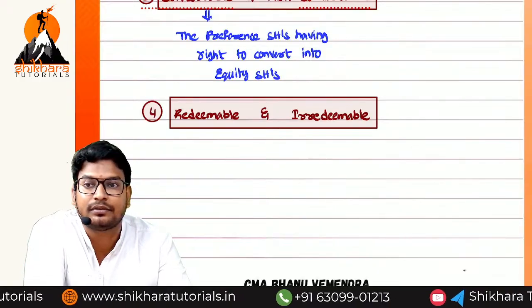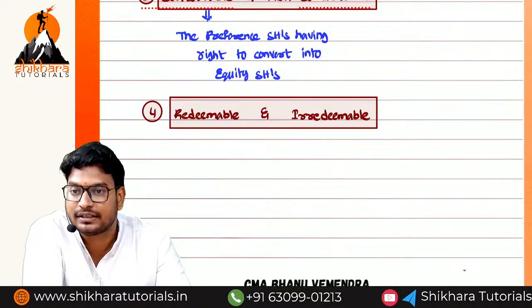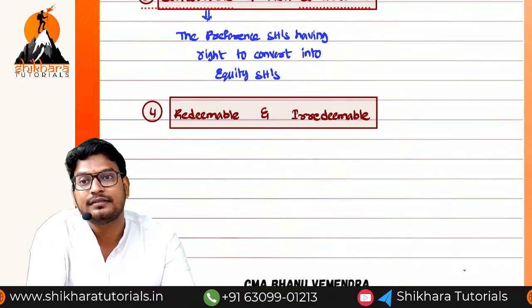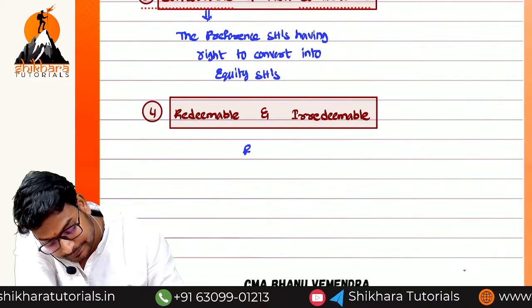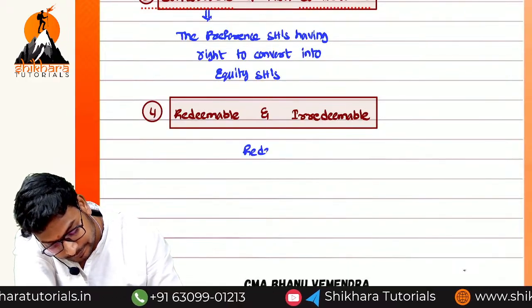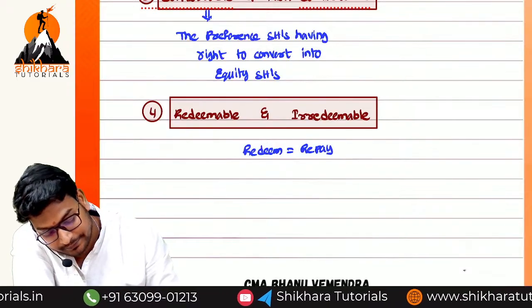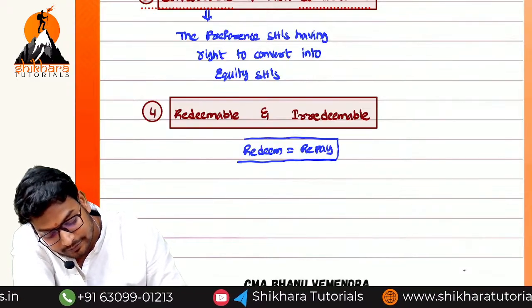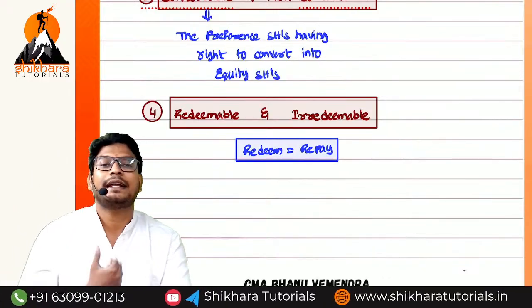For the preference shareholders, we have to repay before the payment of what, ma? Equity shareholders. Redeemable means have to repay. So redeem means nothing but what, ma? Redeem is equal to repay. Redeemable means we have to repay. Irredeemable means we are not having the right to repay.